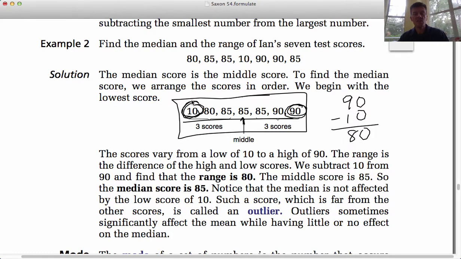That means if you were to count starting at 10 and go all the way up to the highest number of 90, that is 80 steps. That's your range of all the numbers, lowest to highest. So to find the range, you take the highest number minus the lowest.